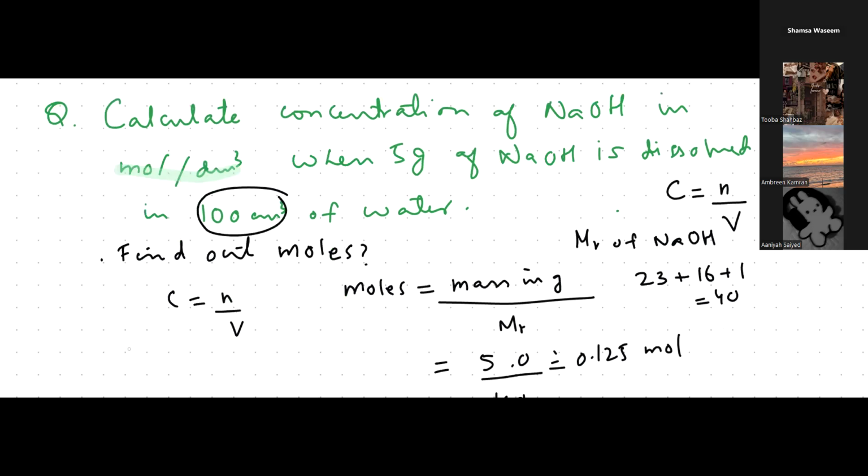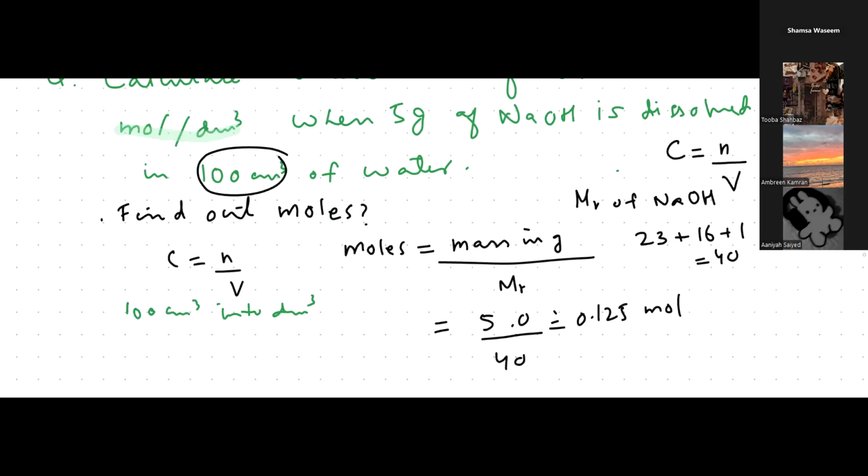Now we know that a centimeter cube is smaller than decimeter cube, right? So to convert smaller unit into bigger unit, you will divide 100 by 1000. Why? Because 1 decimeter cube is equals to 1000 centimeter cube.